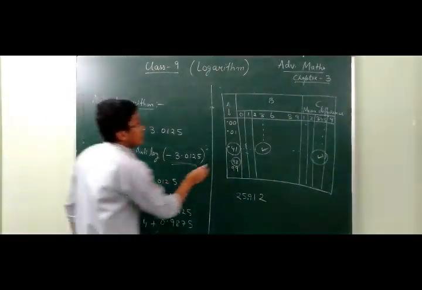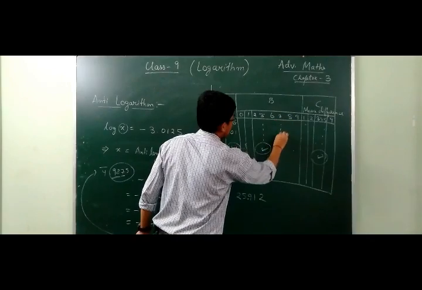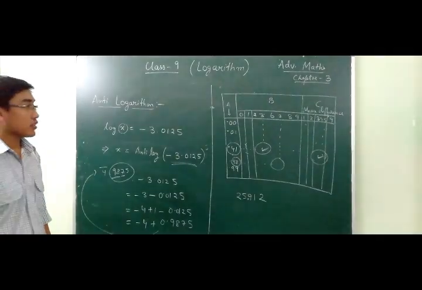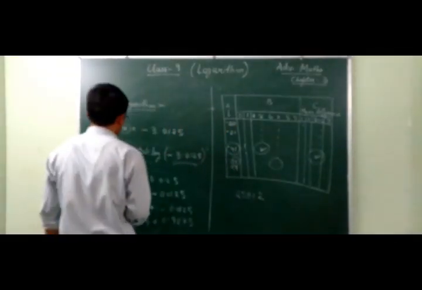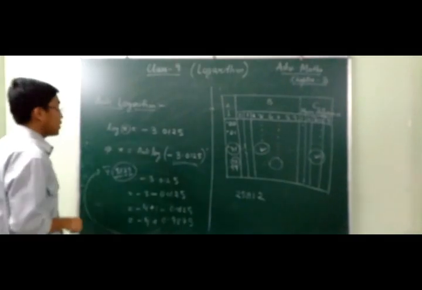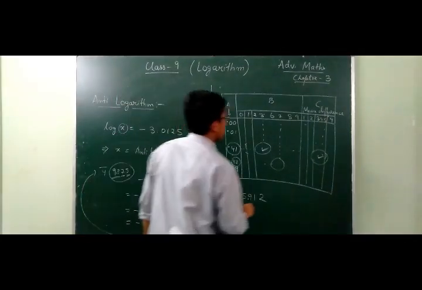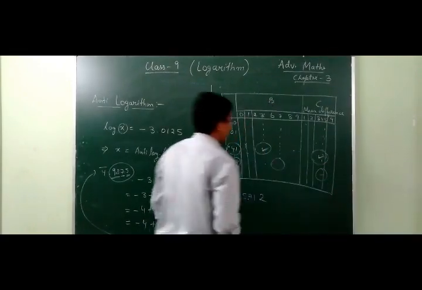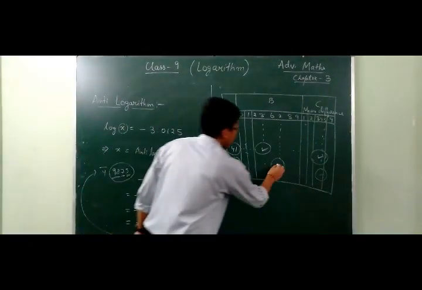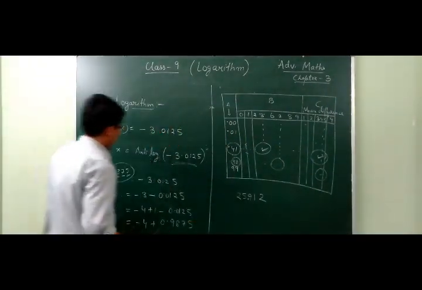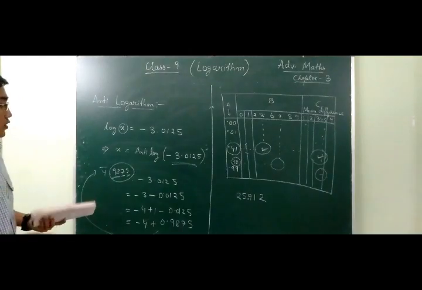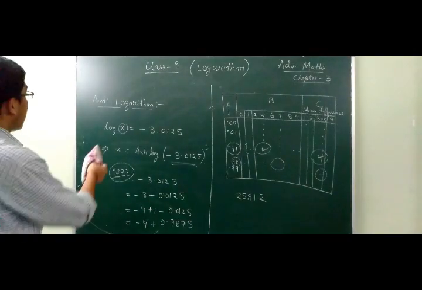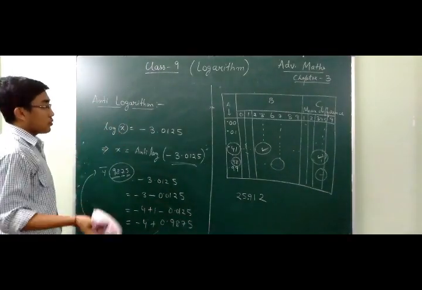Then this 7, again, this will be in 1, 2, 3, 4, 5, 6, 7 corresponding to this. So you will get some number here. And the last one, 5, will be from 5 here. So you add these two numbers, you will get some number. Okay. So in this way we find the antilog of any number, whether it is positive or negative.